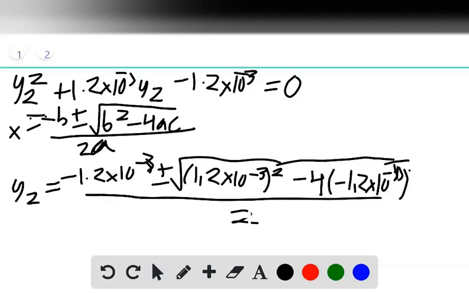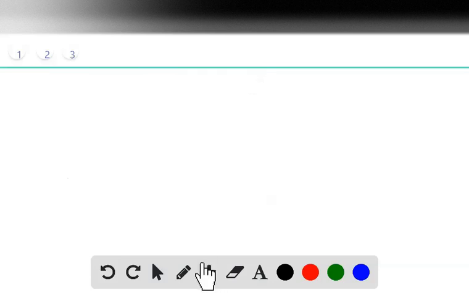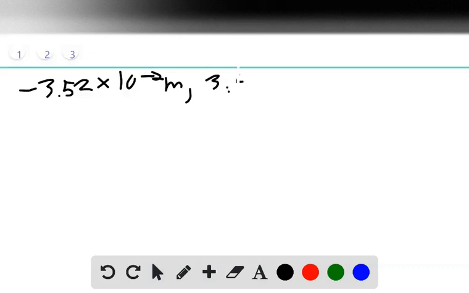And you will get minus 3.52 times 10 to the minus 2 meters and 3.4 times 10 to the minus 2 meters.